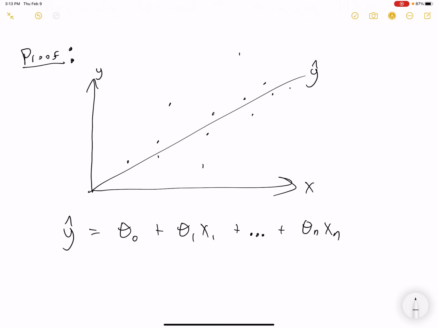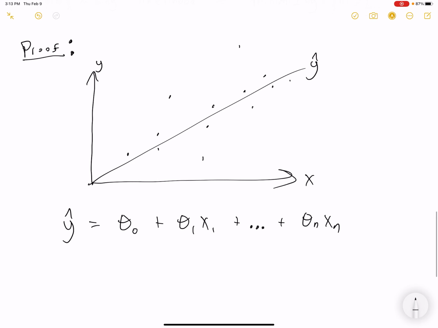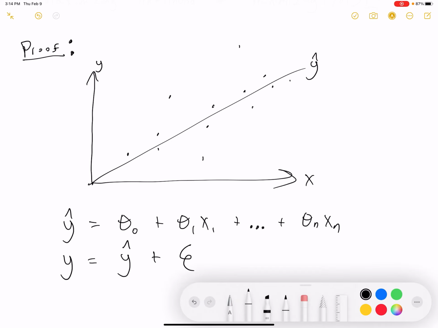One way we can model this situation is to say that the true value of the data point is equal to the predicted value plus some error, kind of like an epsilon signal representing error.